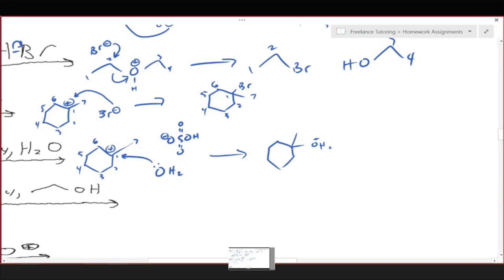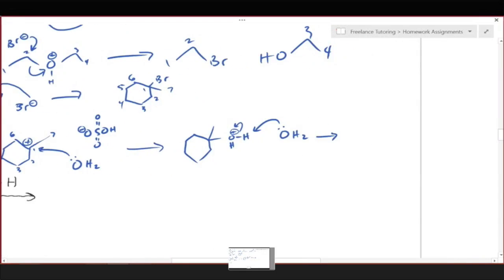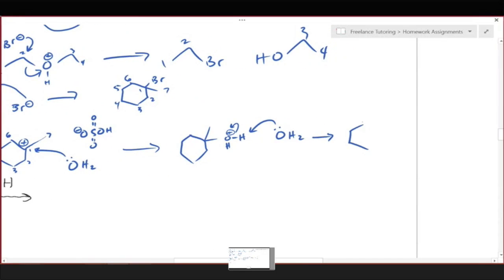We just did a nucleophile step, so we could likely do an acid base with water. And that would neutralize our main molecule.